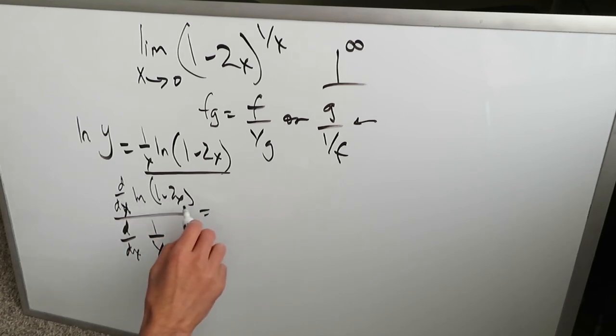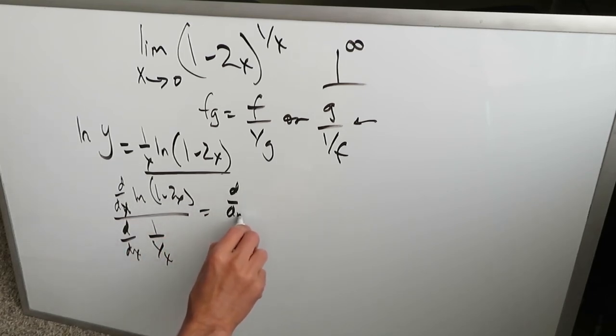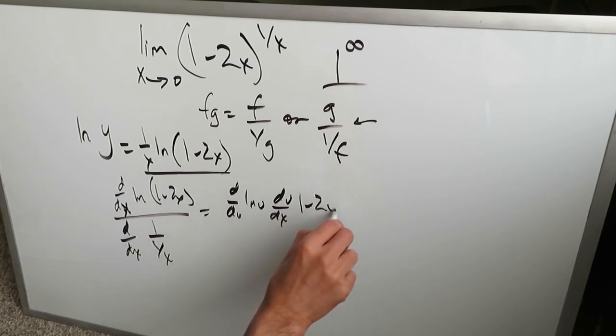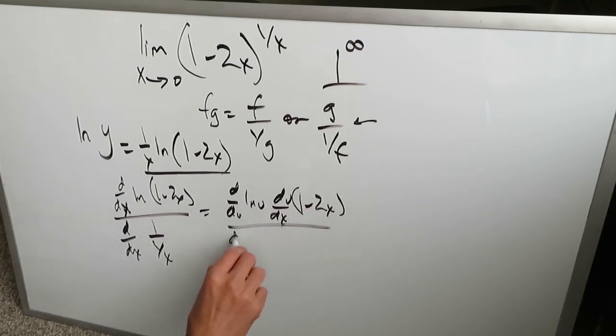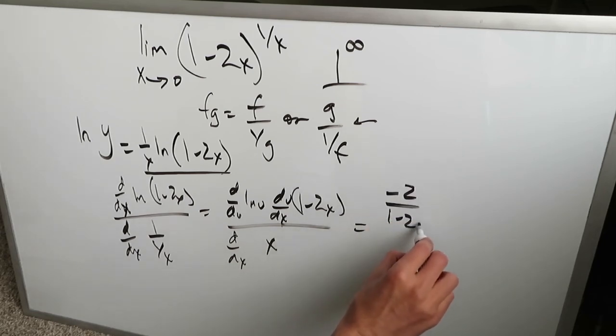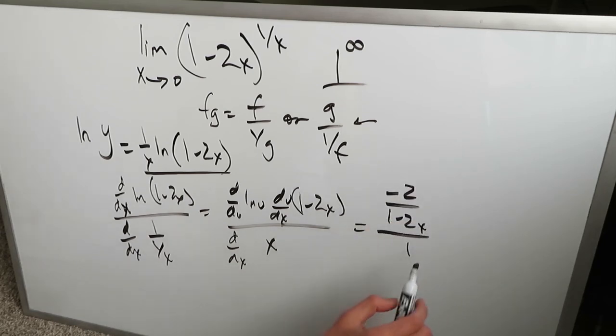When you do the derivative in the numerator, you get d over du of ln u, and then du over dx of 1 minus 2x. Here you're doing basically just the derivative of 1 over x, which flips everything to just a single x. Here you get minus 2 over 1 minus 2x, that's the derivative, and here you get 1.